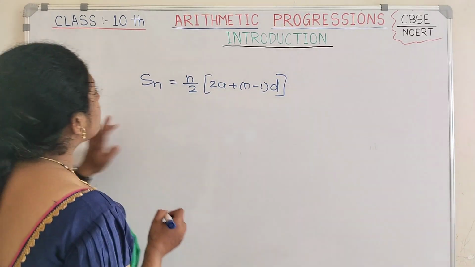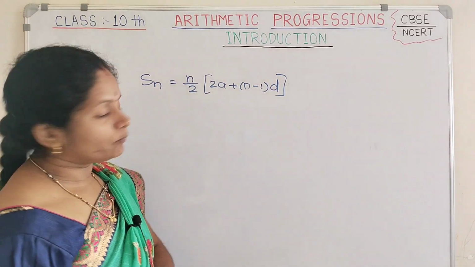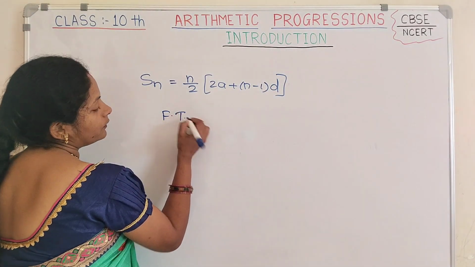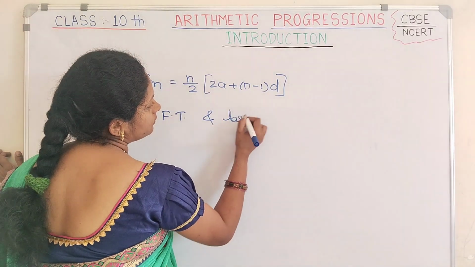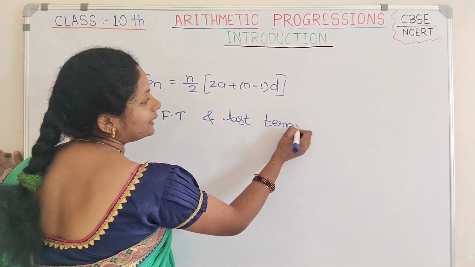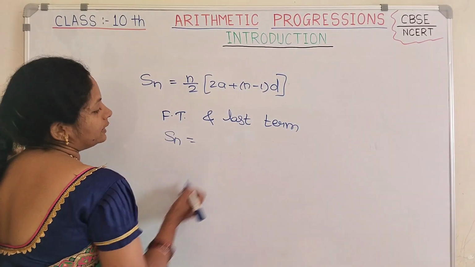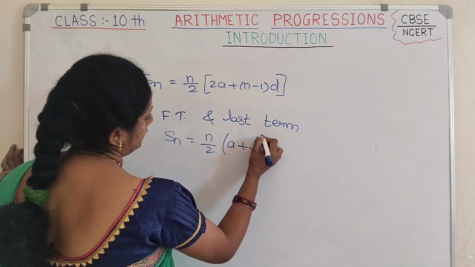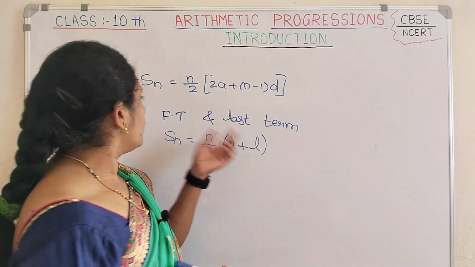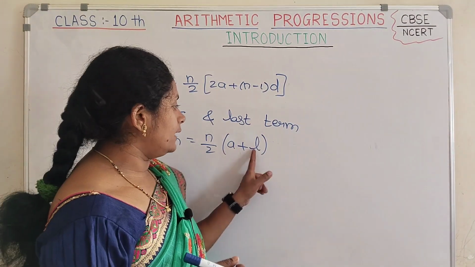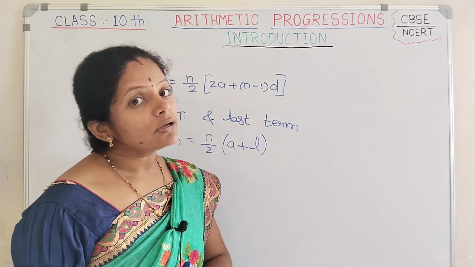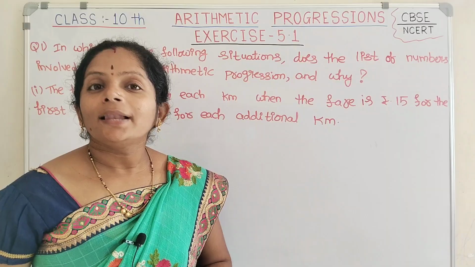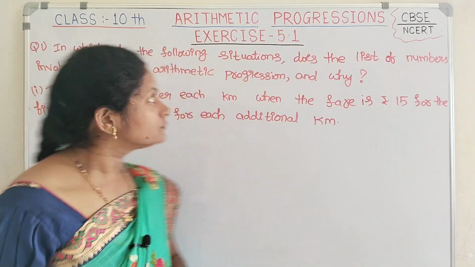Sometimes if we know the first term and the last term, at that time the sum can be calculated as Sn is equal to n by 2 into (a plus l). This is the formula when we know the first term and the last term to calculate the sum of the first n terms. Let us take the exercise 5.1.